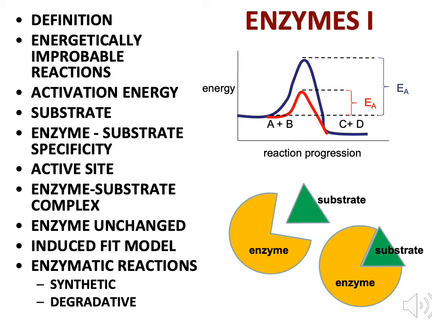On the other hand, if I was to modify my illustration below and have that green substrate break apart into two triangular substrates, maybe one red and maybe one blue, that would be an example of a degradative enzymatic reaction.